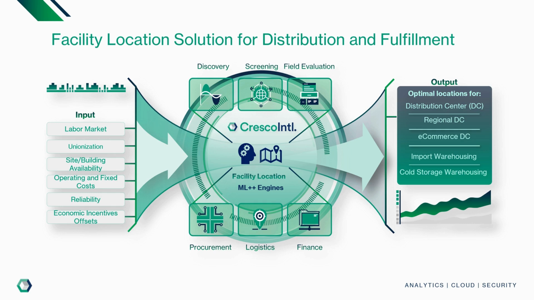And we incorporate the predicted impacts on labor, wage rates certainly, but also union environments, employee retention and attrition tendencies, commute patterns, and more. The application's optimization engines then go to work crunching all of this data to identify the ideal locations that best satisfy all the prioritized business objectives and requirements.